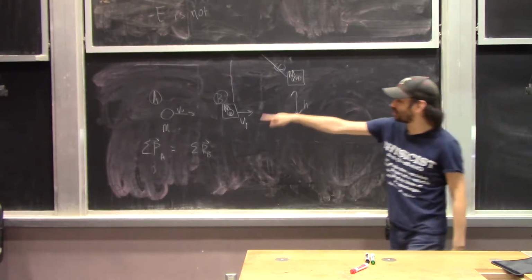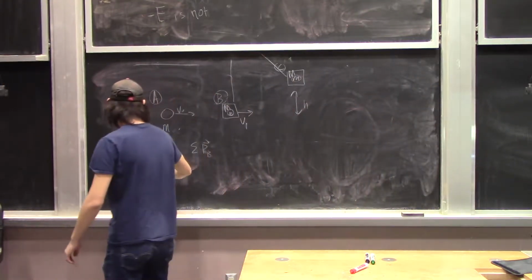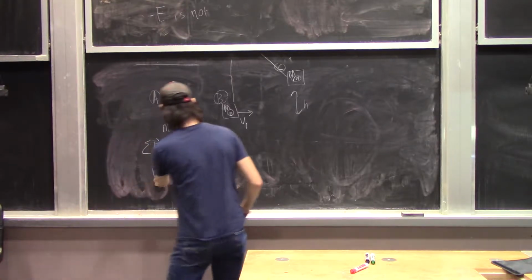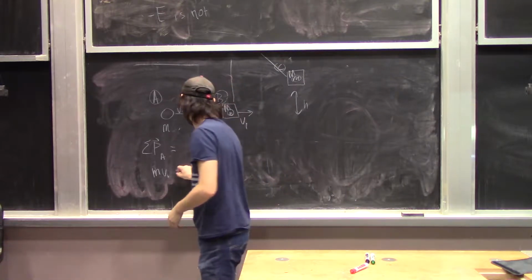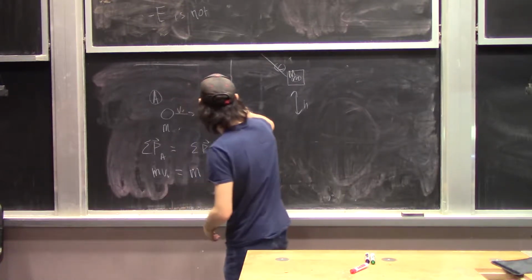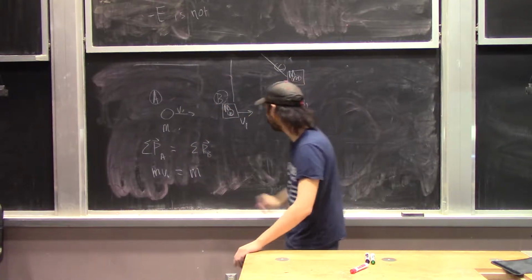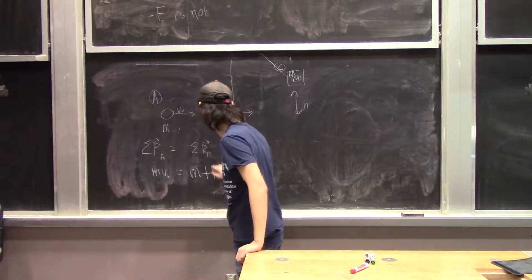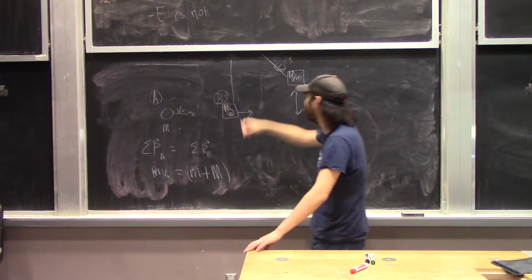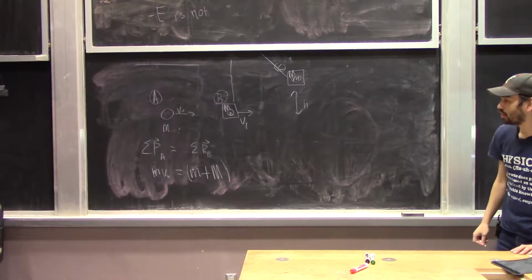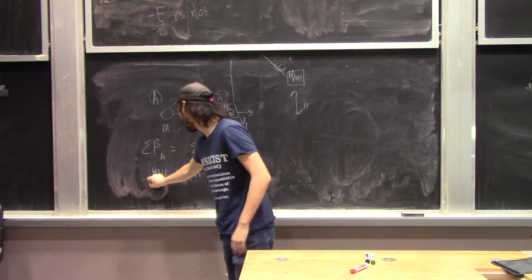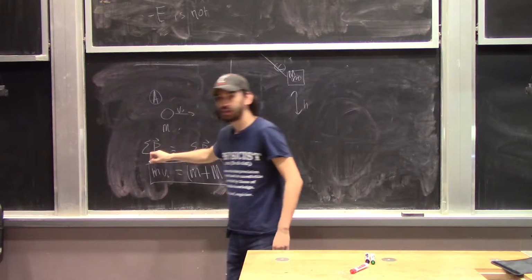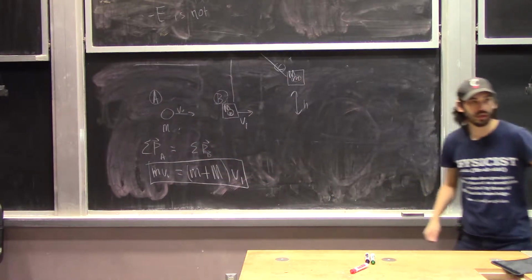So m times v0, where lowercase m is the mass of the bullet, is going to be equal to the sum of the masses, m plus capital M, times the velocity that these are going to move off at the instant after the collision. And this is what I'm calling v1. So this is one equation. This equation connects state A to state B.